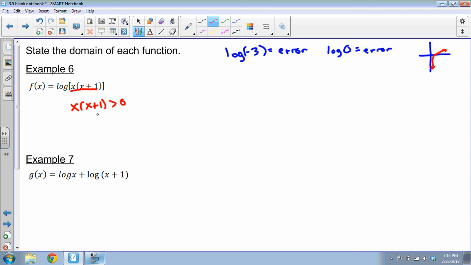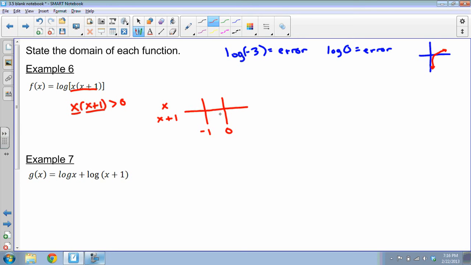Now if we have two things like x times x plus 1, to figure out where that's greater than 0, we did a sign chart back in the day. If you remember that, we have two important points, where x equals 0 and where x plus 1 equals 0. So 0 and negative 1 are our important points.